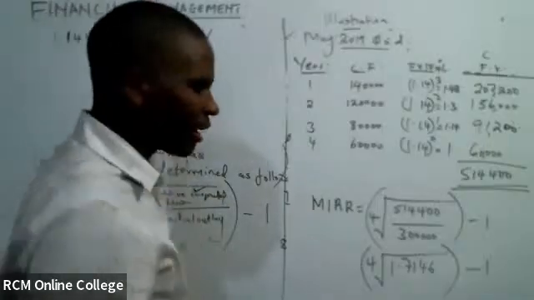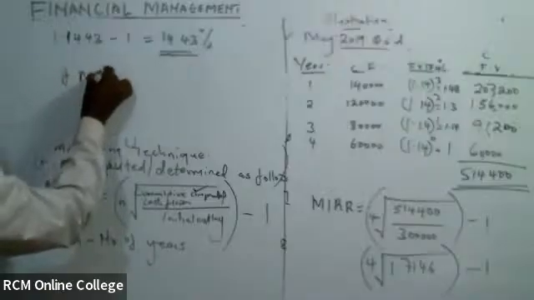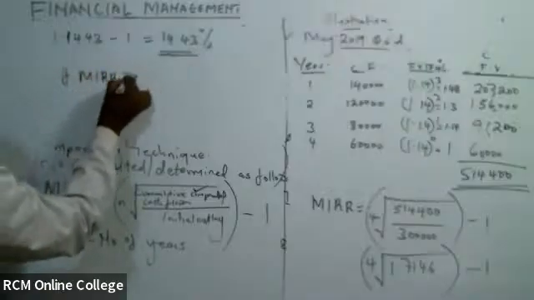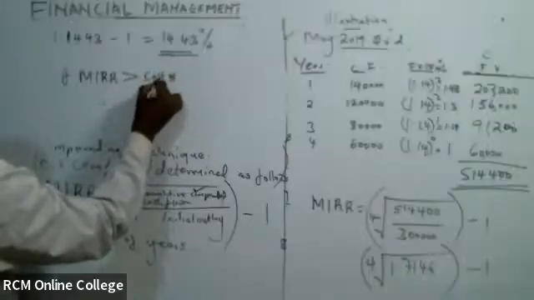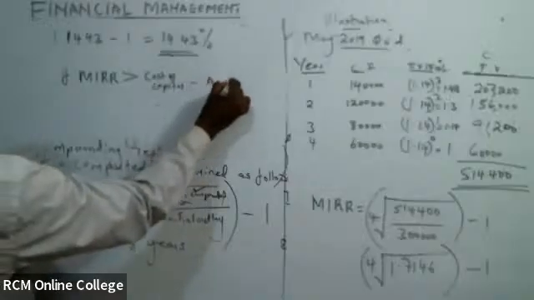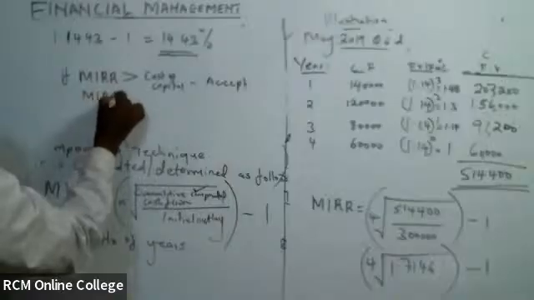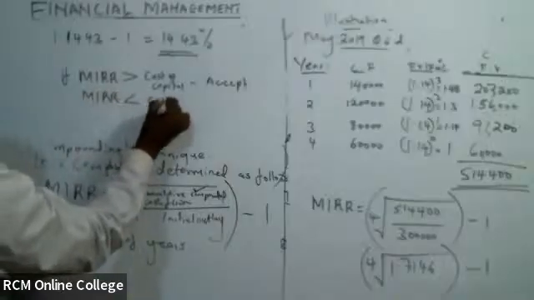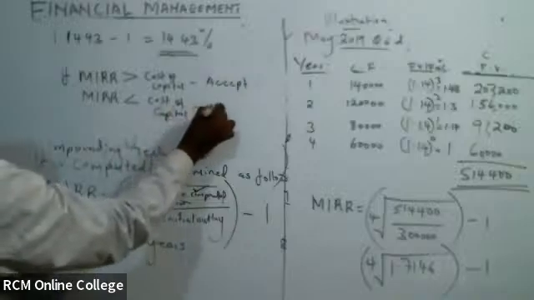The decision rule: if MIRR is greater than the cost of capital, accept. If MIRR is less than the cost of capital, reject.